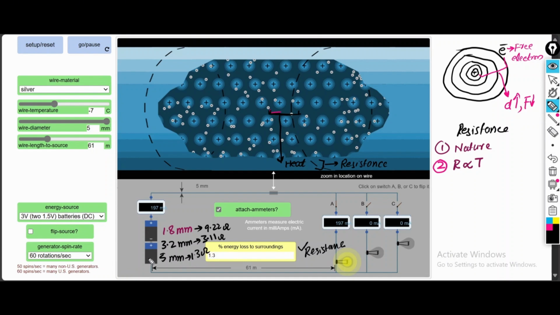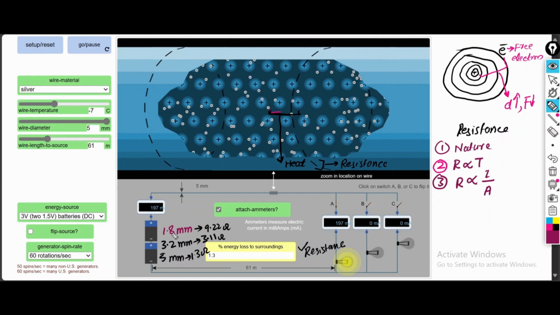So from here we can conclude that if we increase the diameter of the wire, the resistance is decreased. The resistance decreases from 9 to 1. So this is the third point: the resistance is inversely proportional to the area or the diameter of the wire.